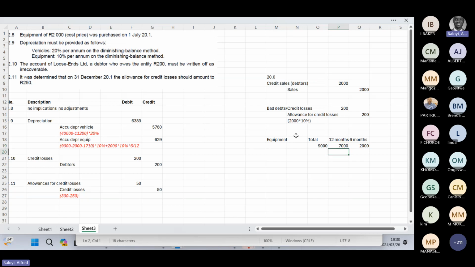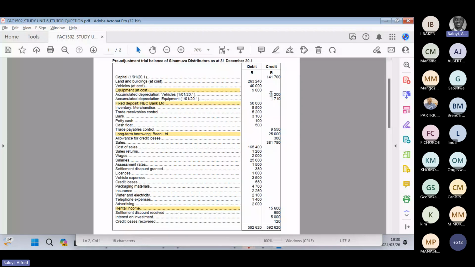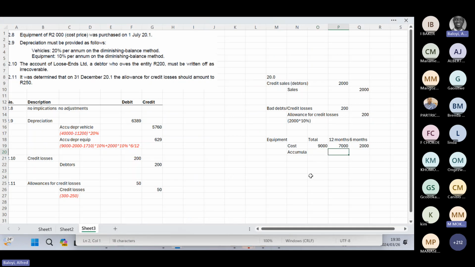So when you calculate depreciation, this is the cost. Now because you're using the diminishing balance method, you have to subtract this one, the 1710, right?